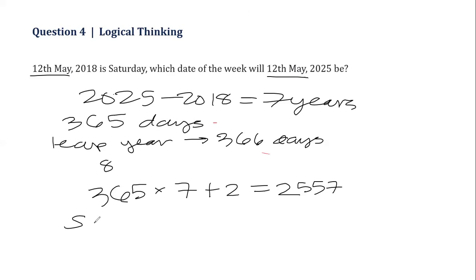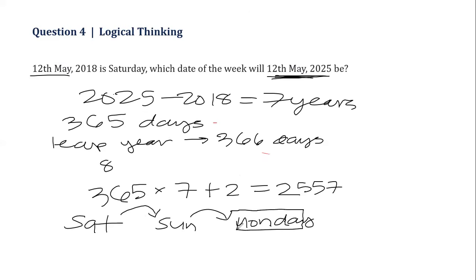What this means is that this date is 2 days after Saturday. So 2 days after Saturday should be 1, 2, a Monday. So the answer is a Monday.